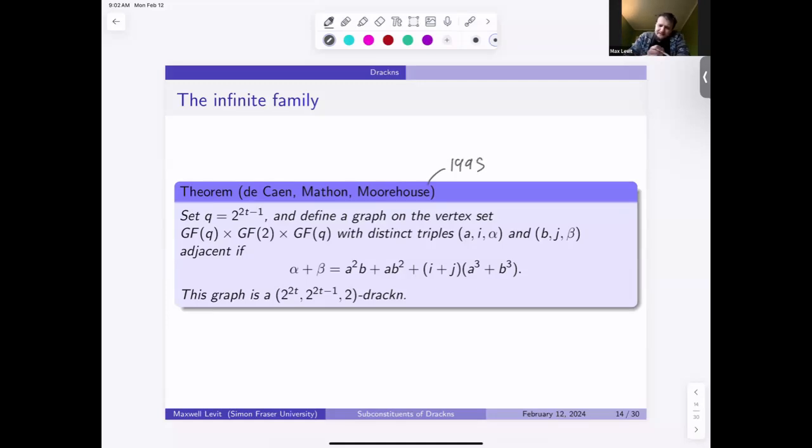What they did is they worked with some large power of 2, and they took the finite field over that power of 2, and then they took 2 copies of that, and one other extra bit of information in GF(2), and then they defined an adjacency relation on tuples from that set by this wild-looking thing.